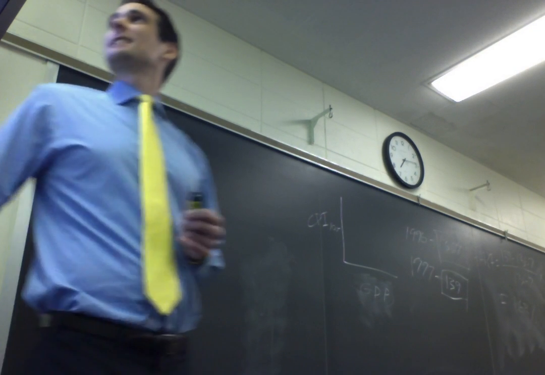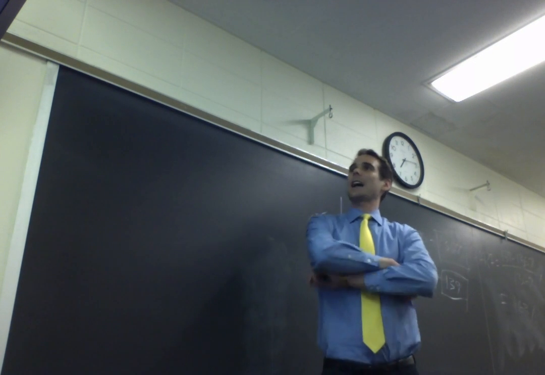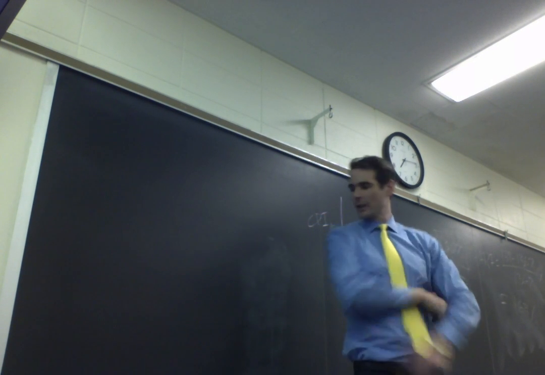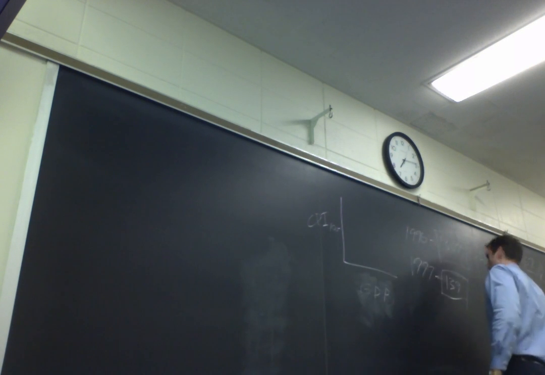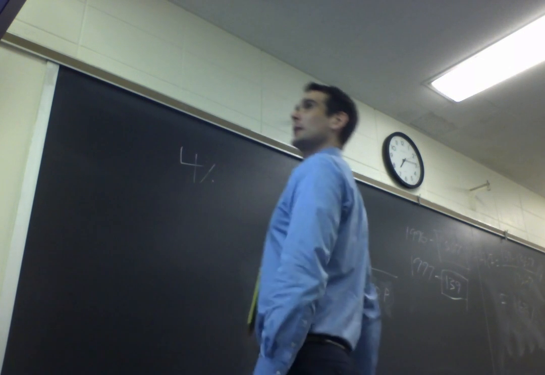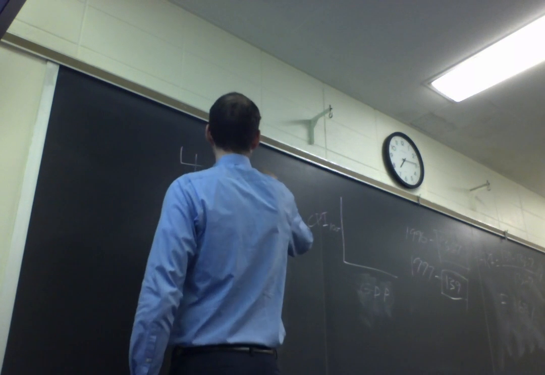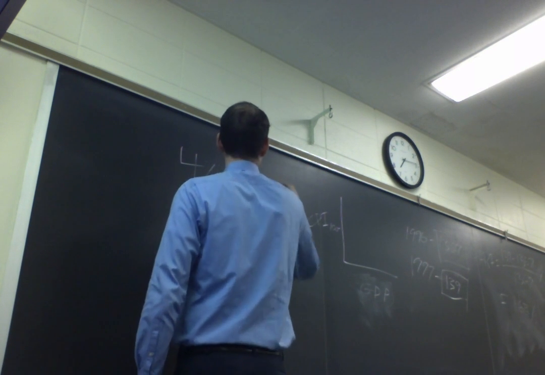All right. So we've got nominal interest rate, the actual rate of interest without adjustment for inflation. Suppose the bank offers you 4%. All right. Real interest rate, the nominal rate of interest minus the inflation rate. And we said, well, what if inflation rate is 5%?